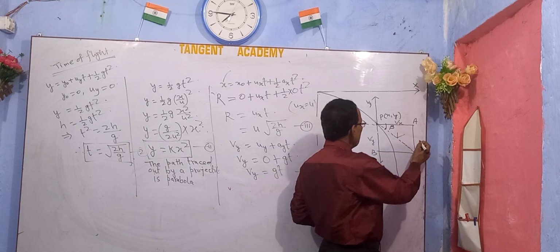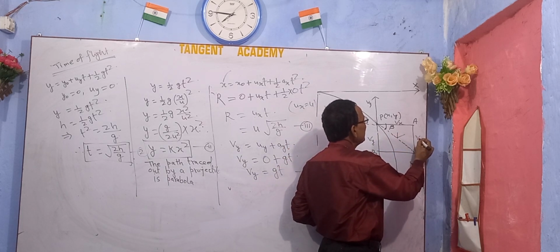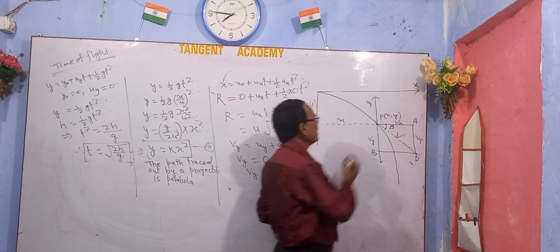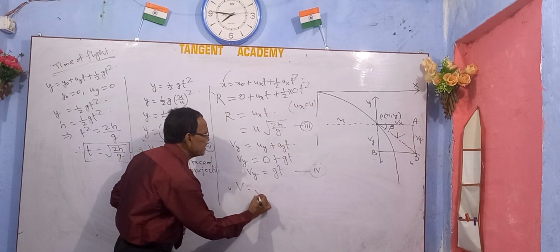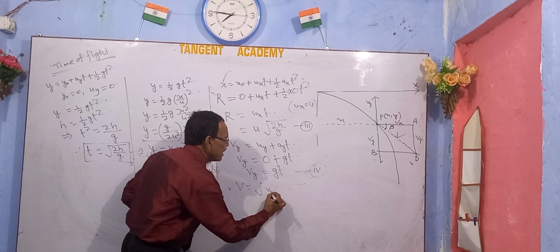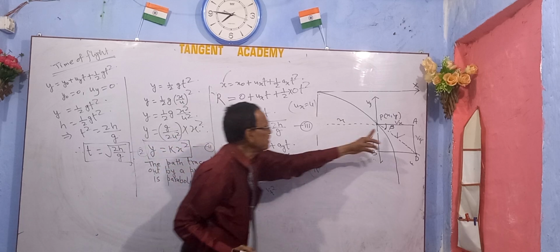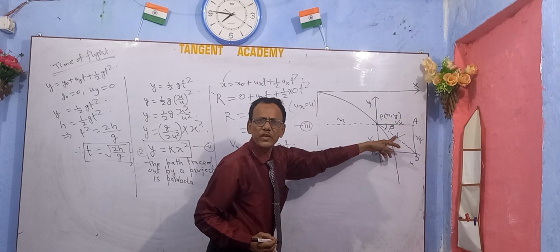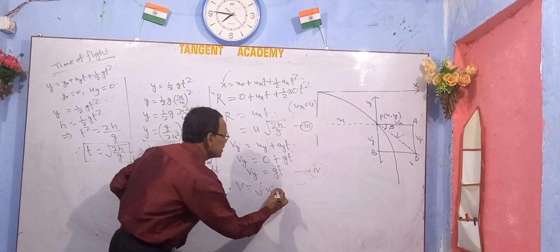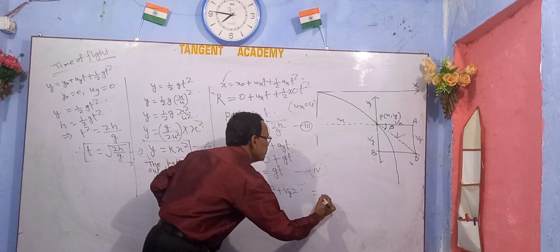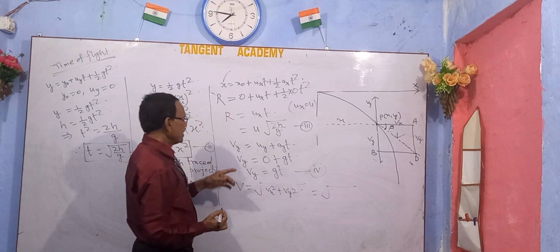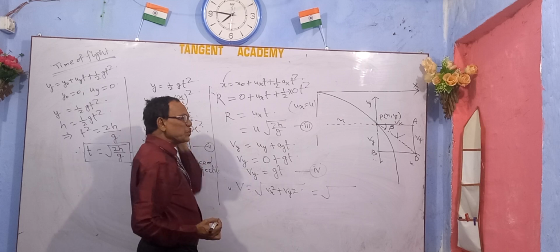Applying Pythagoras rule in this right triangle, we will get the resultant. The resultant value of V is written as under root Vx square plus Vy square, as these are the rectangular components.